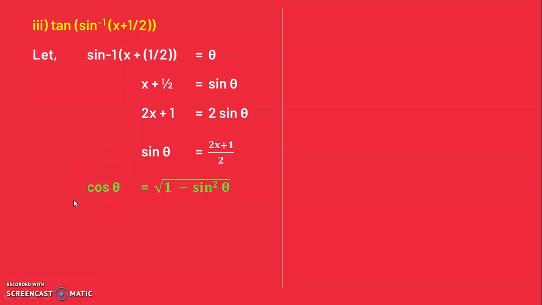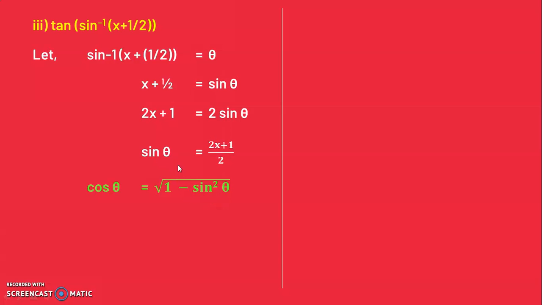Therefore your cos theta is equal to the square root of 1 minus sine squared theta. These formulas I have already explained in the basic trigonometry formulas part 1. So please refer to that so that you can easily solve these problems. You will know the tricks to memorize these formulas. So cos theta is equal to the square root of 1 minus sine squared theta.